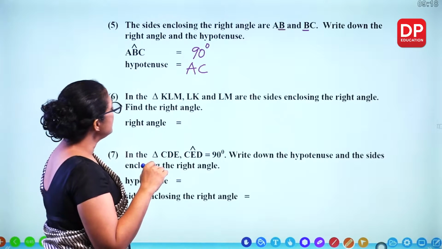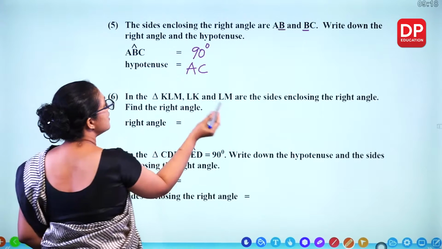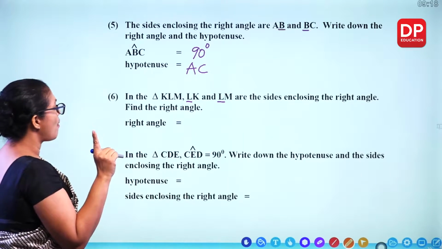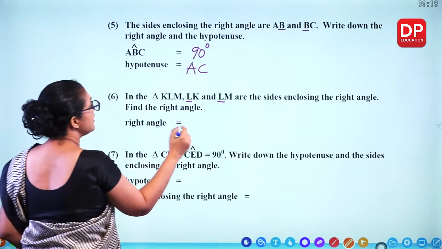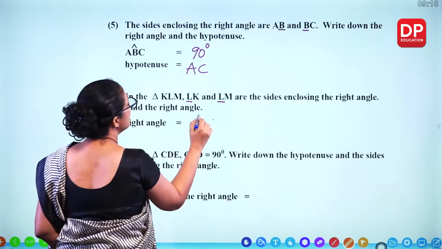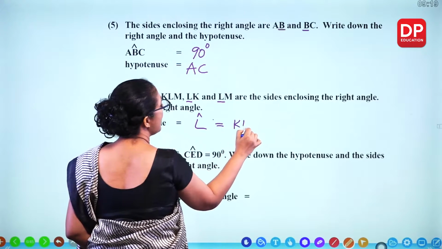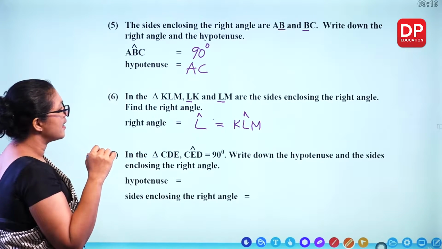KLM triangle. LK, LM are the sides enclosing the right angle. Which letter is common? L. L letter is common. That's the angle. So find the right angle. So L angle, or you can write KLM angle is the right angle.